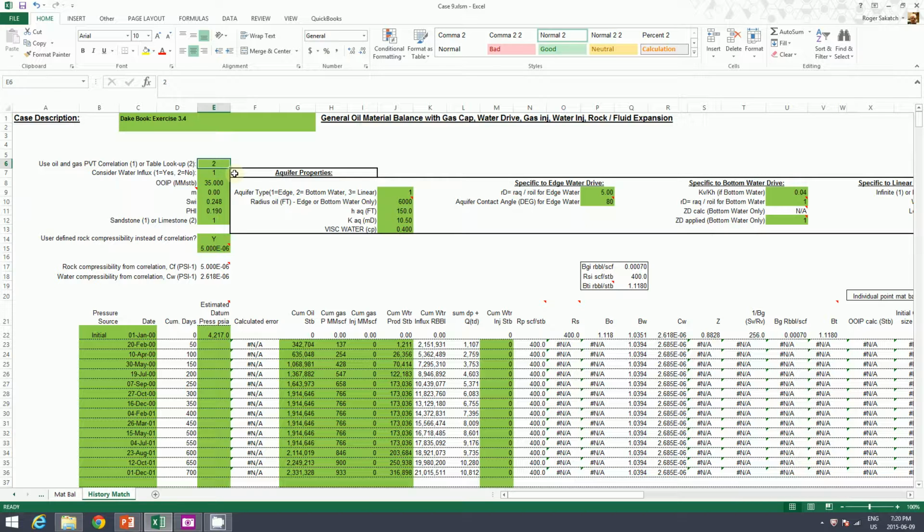I've got everything else set up accordingly: the same 25% porosity, 25% water saturation, the 10.5 millidarcy permeability, the 80 degree angle, and the same dimensionless aquifer size of 5.